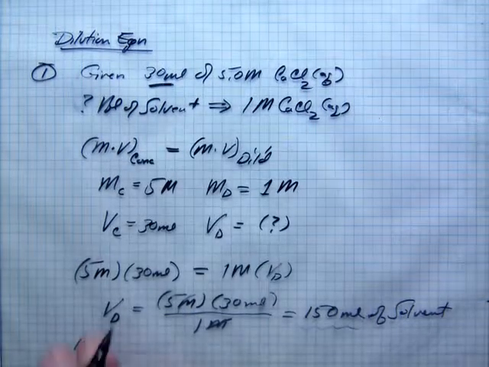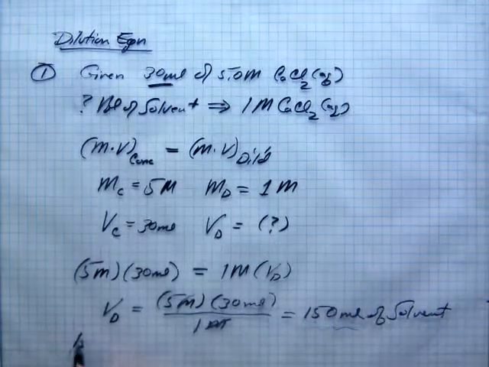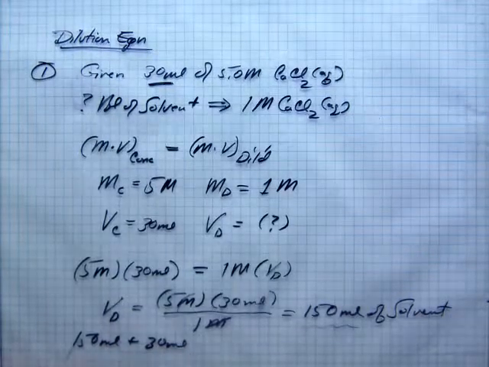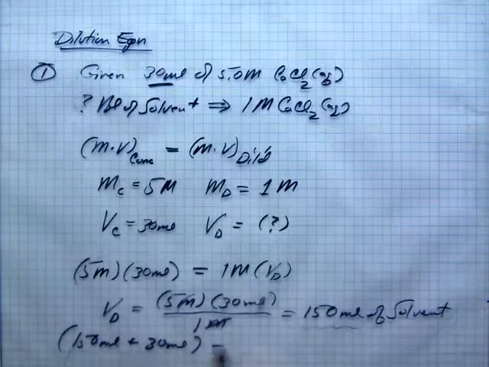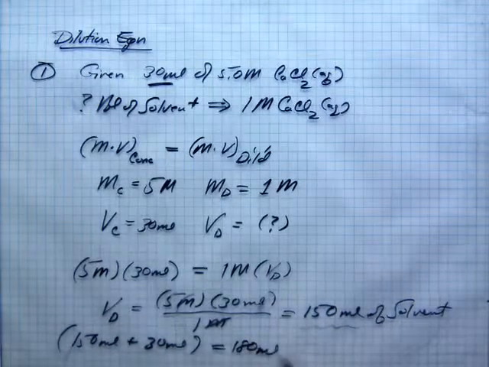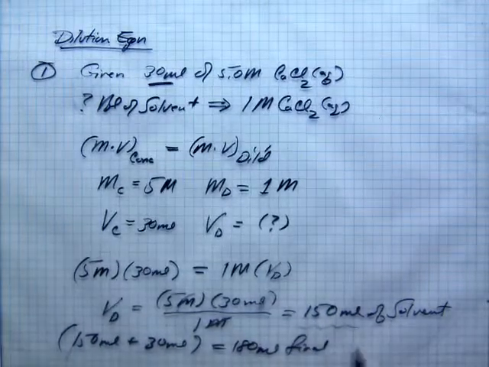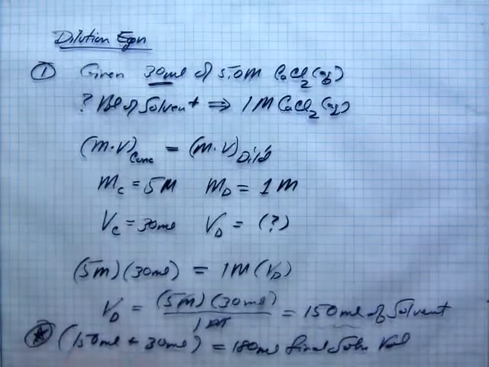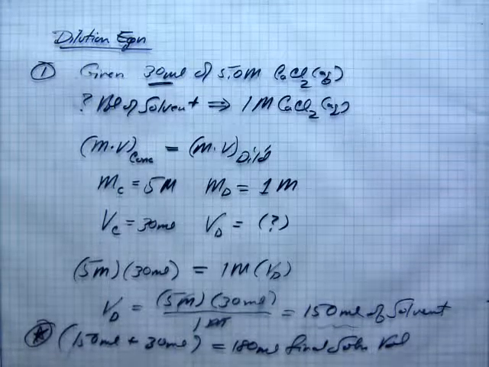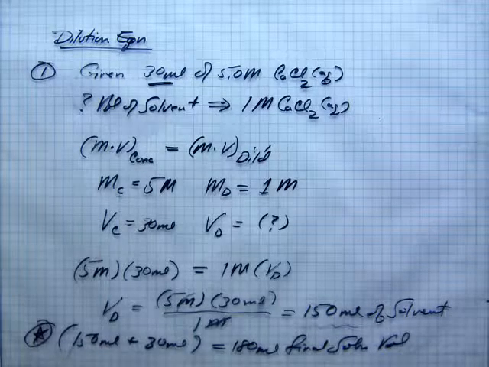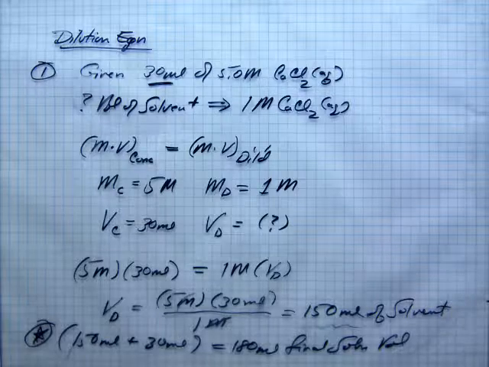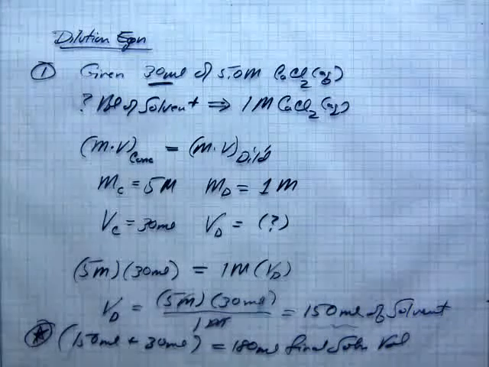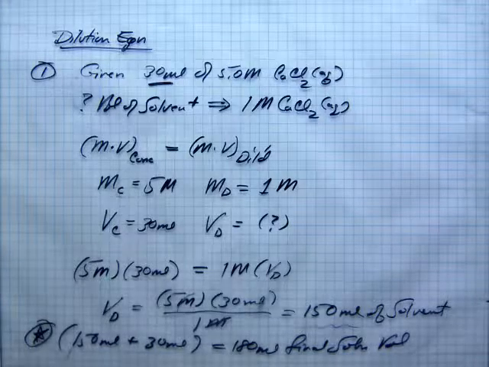So 150 milliliters plus 30 milliliters, after you pour it on top, gives you 180 milliliters final solution volume. So that's kind of a hidden issue in this kind of problem. That's why I give this problem: your final volume is not 150 mils, it's 150 on top of the 30.